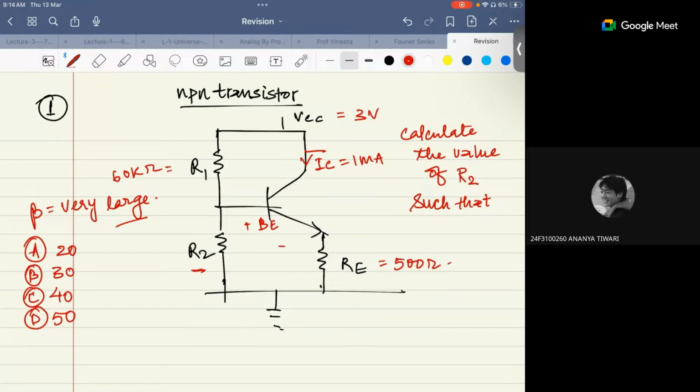You need this one also, right? This you can just think of as 0.7 volt itself.